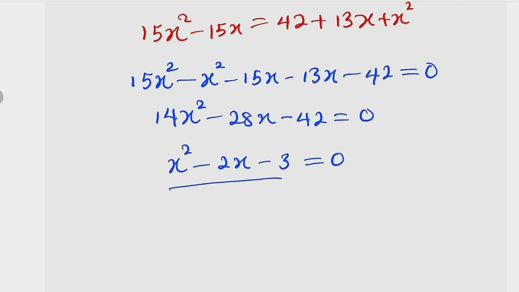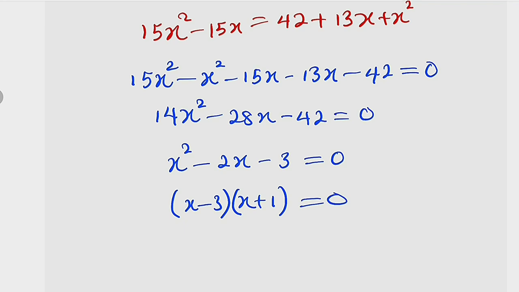So now to factorize this quadratic equation, we are going to think of two numbers which when we multiply them together we get negative 3, but the moment we add the two numbers together we get negative 2, and I think the numbers should be negative 3 and positive 1, right? So this is X plus 1, X minus 3 equals 0.